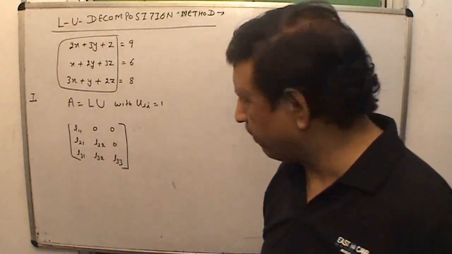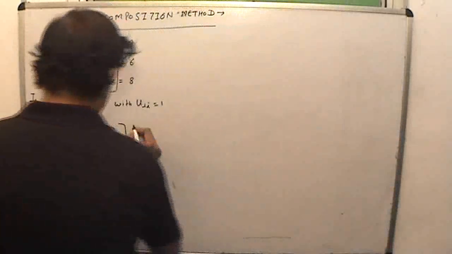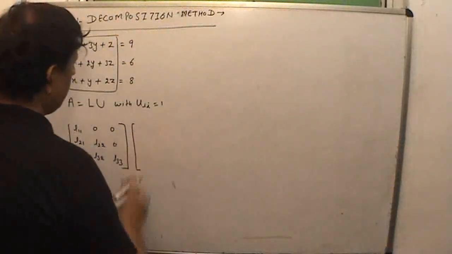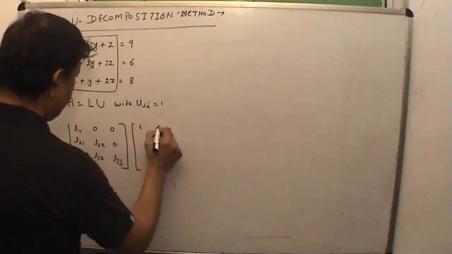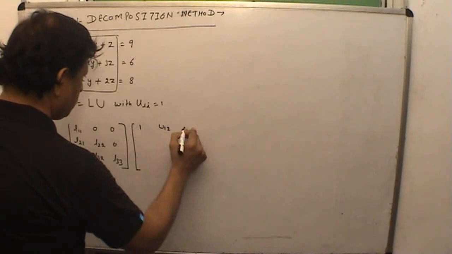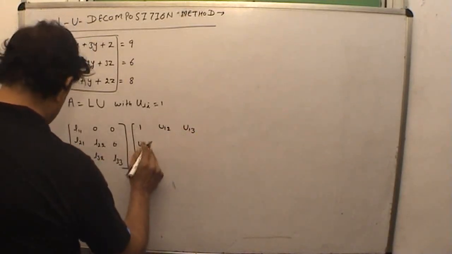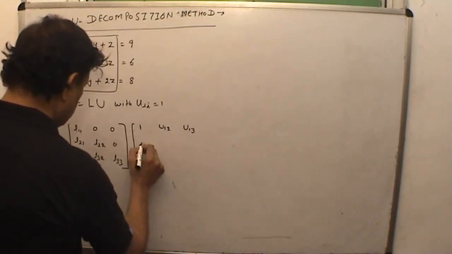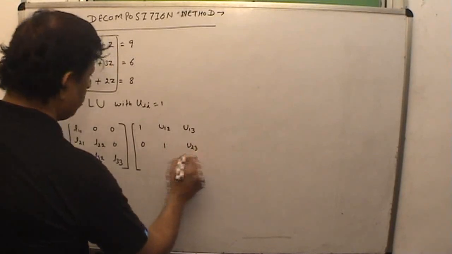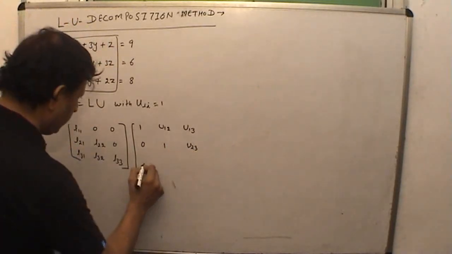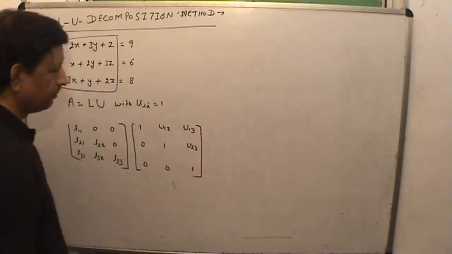We have to find the value of these constants. Then what about U? U is the upper triangular matrix with each diagonal element equal to 1. First row: 1, U12, U13. Second row: 0, 1, U23. Third row: 0, 0, 1.